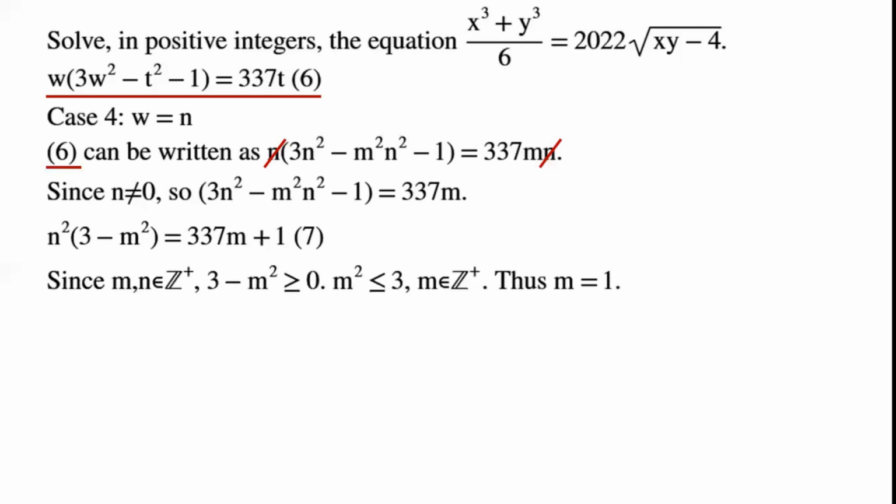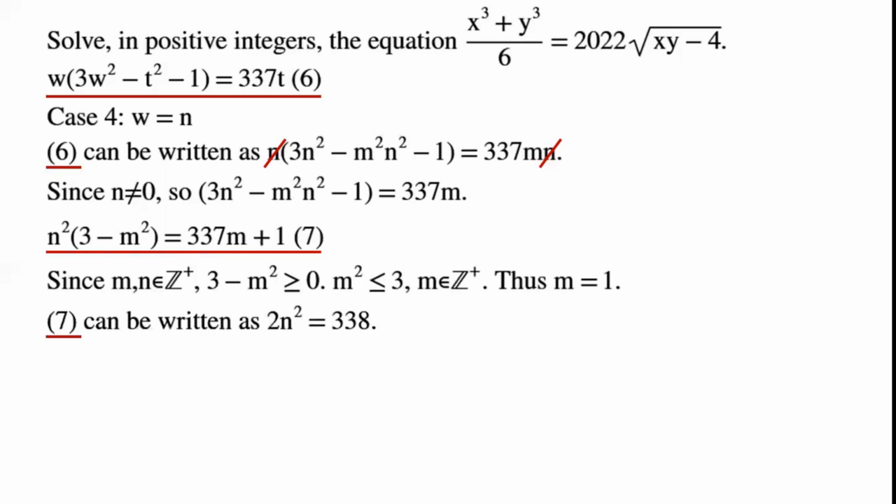Since m, n are positive integers, 3 minus m squared must be greater than or equal to 0. So m squared is less than or equal to 3. m is a positive integer, thus m equals 1. Equation 7 can be written as 2n squared equals 338.